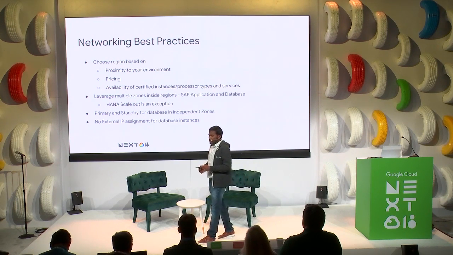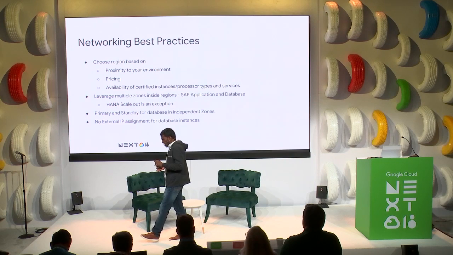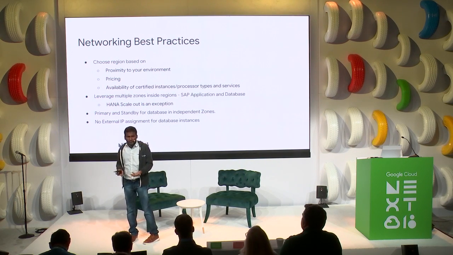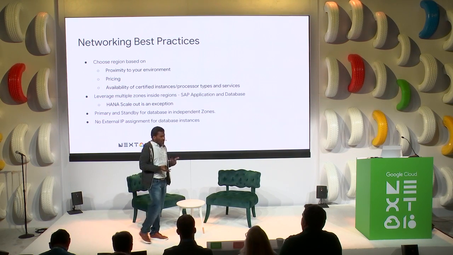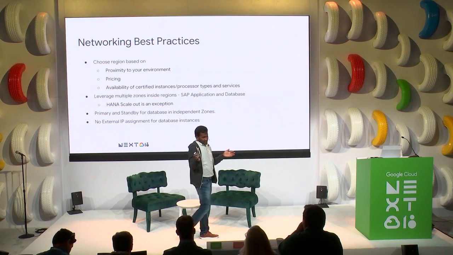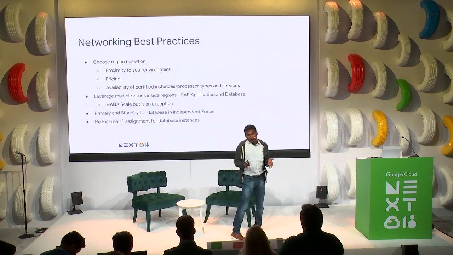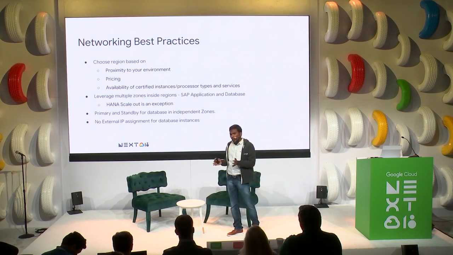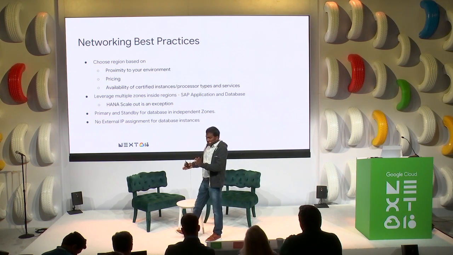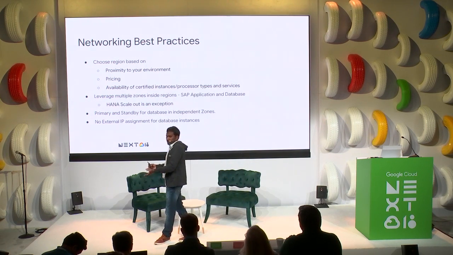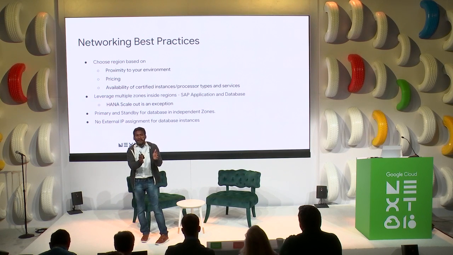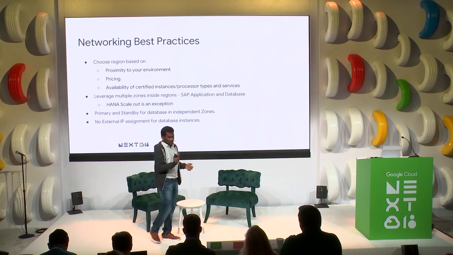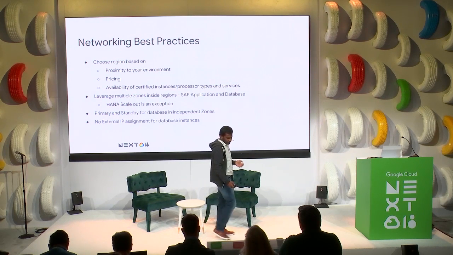Third thing is, when we launch new instance types, we eventually will launch these instance types across all the regions. But intermediately, these instance types are going to be available only in specific regions. So when you are thinking about your deployments, you should look at what instance types you're choosing and whether these are available in the regions that you are choosing, or choose a different region based on the availability.